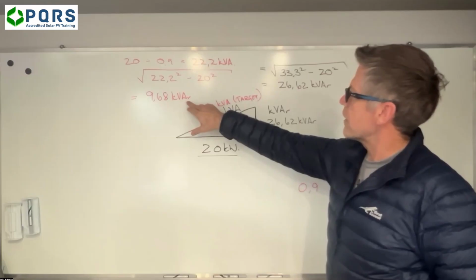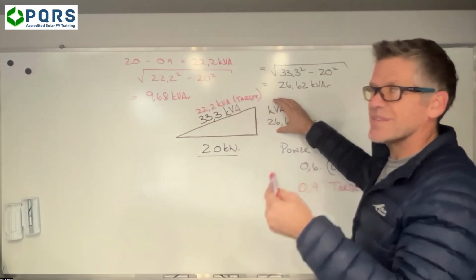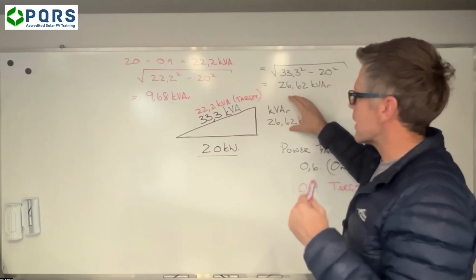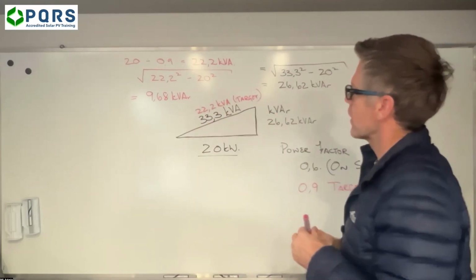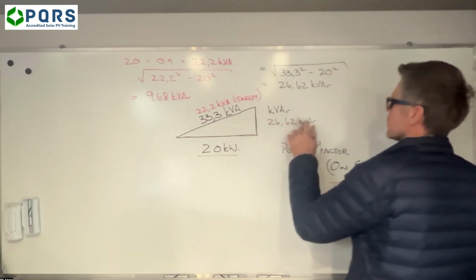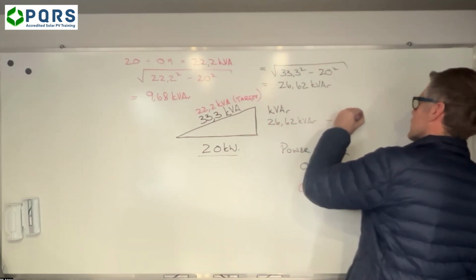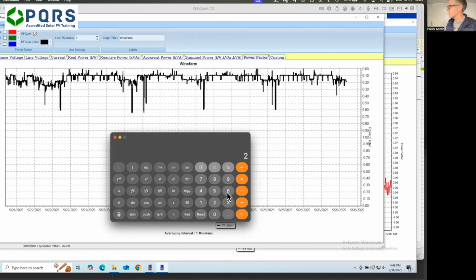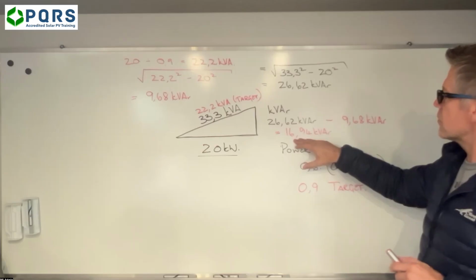In order to understand how much capacitance we require on site, we would deduct that value from this value. So we would go 26.62 minus 9.68 kVAr, which is equal to 16.94 kVAr.